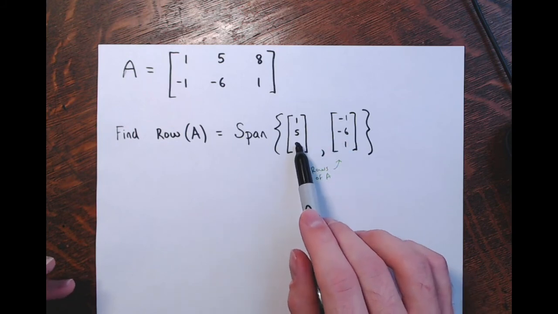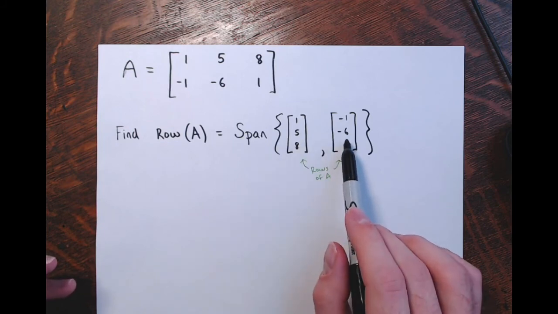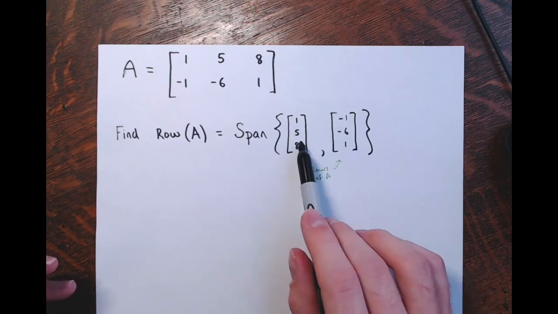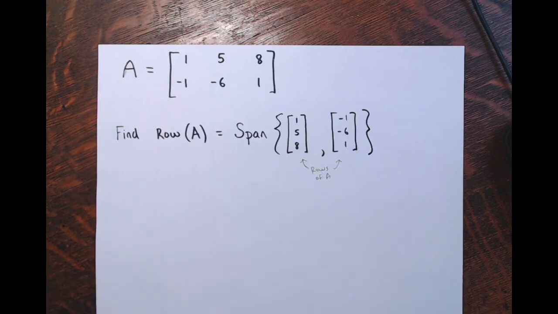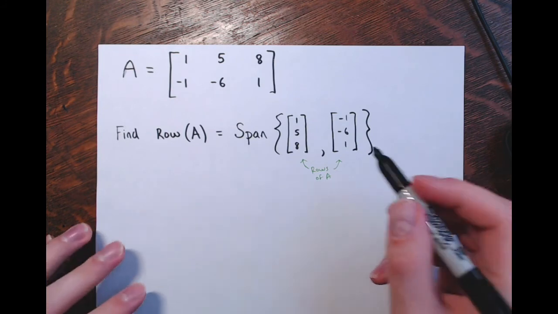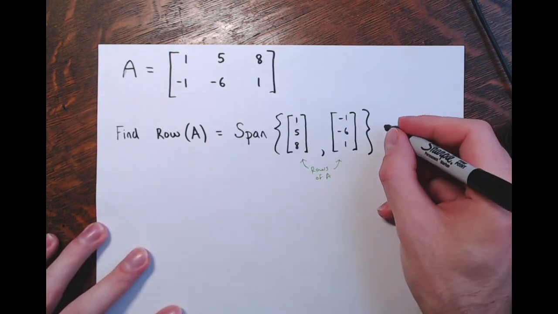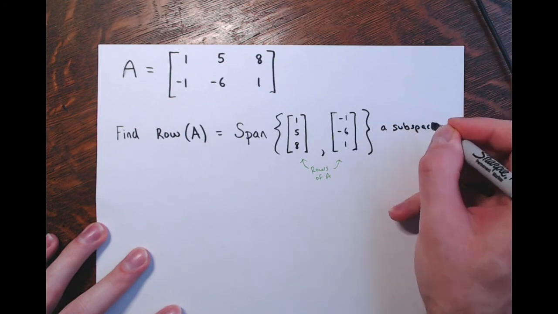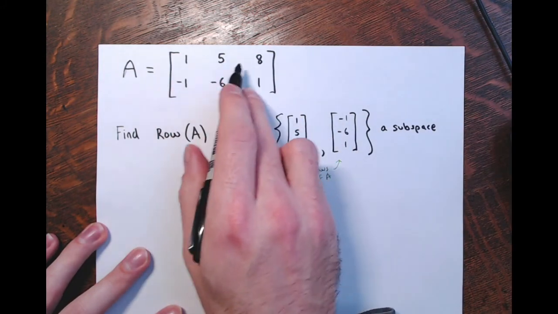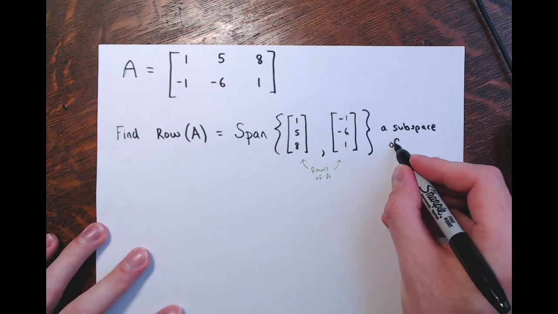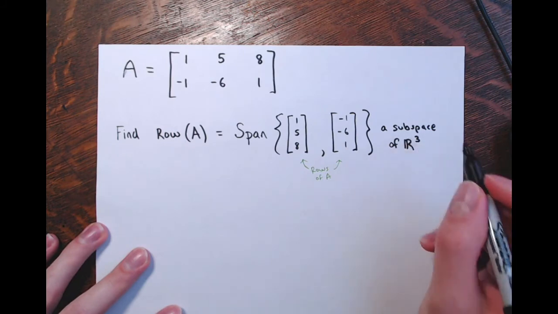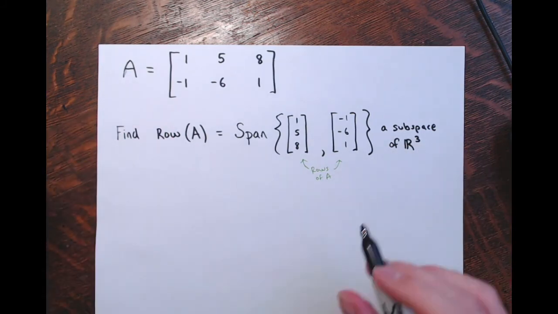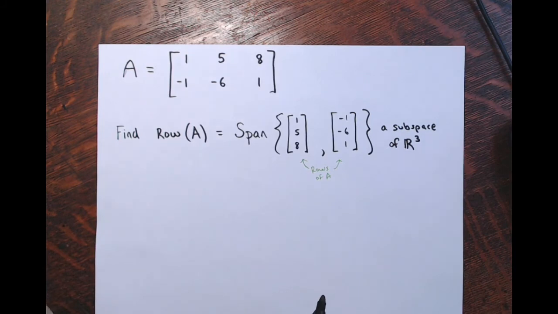Remember, if there's only two of them, then they'll be independent when they're not scalar multiples of one another, and these are not. So this is going to end up being okay, and this is a subspace of R3. All the row vectors from A have three components, so the row space of A is going to be a subspace of R3.